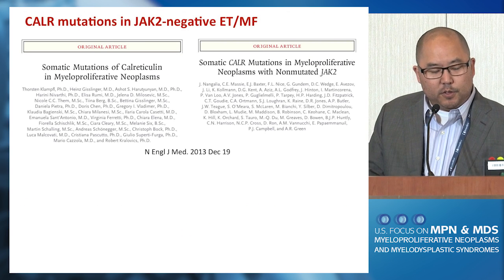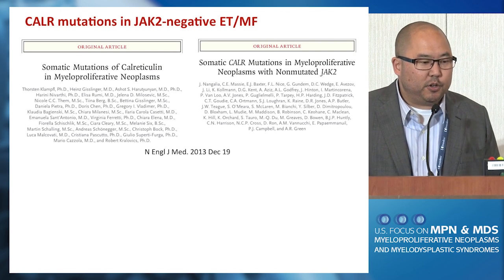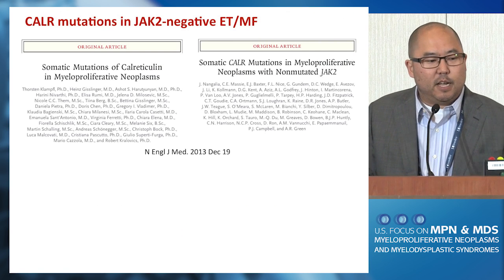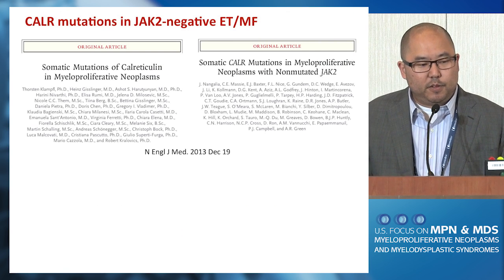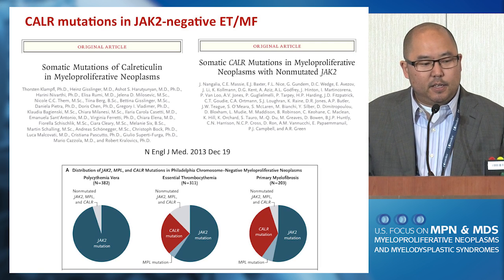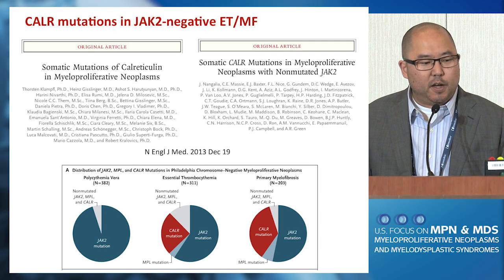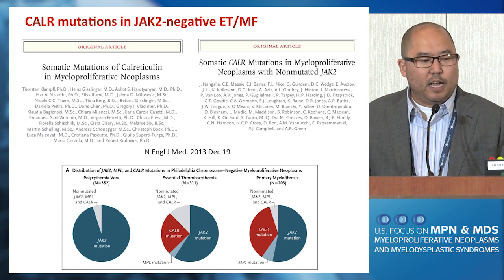So, in 2013, two papers in the New England Journal identified recurrent mutations in calreticulin in myeloproliferative diseases. As shown with these pie charts here on the bottom, within polycythemia vera, we already knew that the vast majority of patients harbored mutations in JAK2, and calreticulin is essentially not present in that disease.